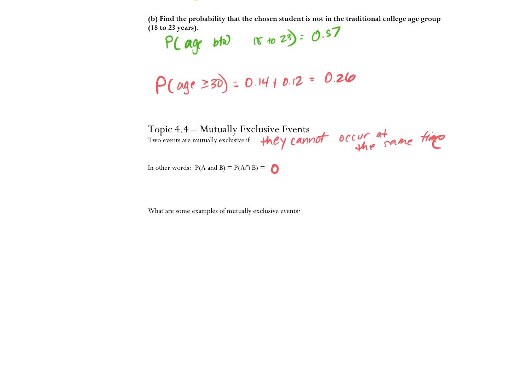So, what are some examples of mutually exclusive events? We said 2 and odd. Somebody got another one? 3 and even. If I'm dealing with cards, black and heart, in a deck of cards. Heads and tails can't happen.